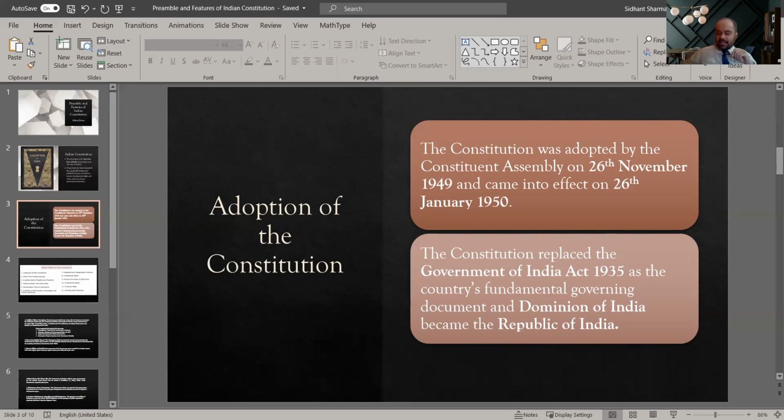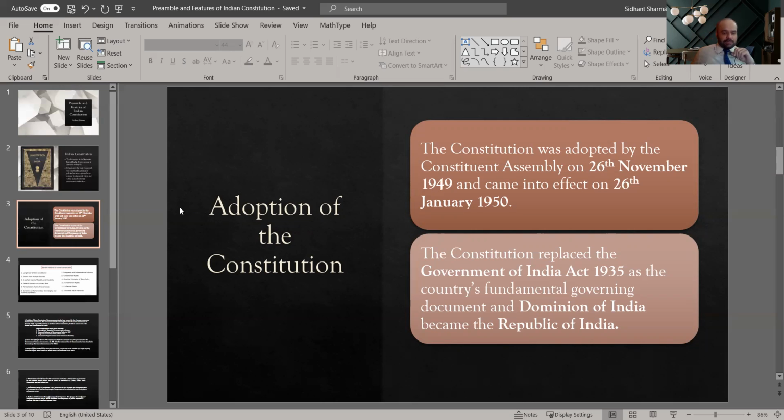They helped the Britishers to govern the land. For example, the Charter Act, Indian Councils Act, or even the Pitt's India Act helped the Britishers in governance of the country. We will study about it in next classes. But in this class, we will be focusing particularly on the salient features of Indian Constitution.